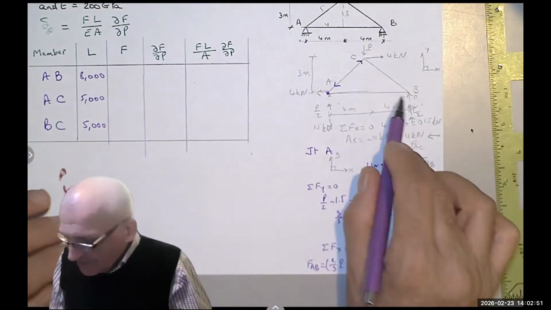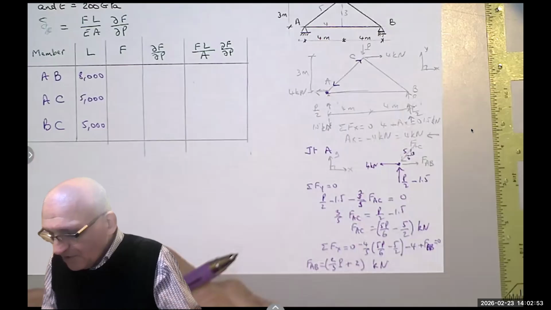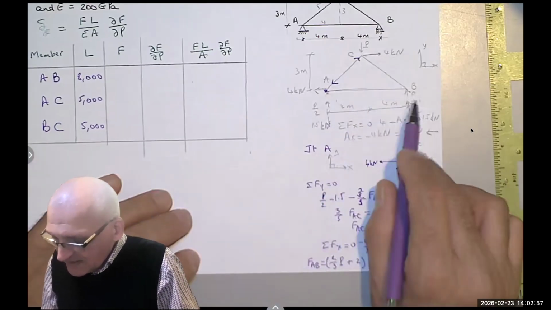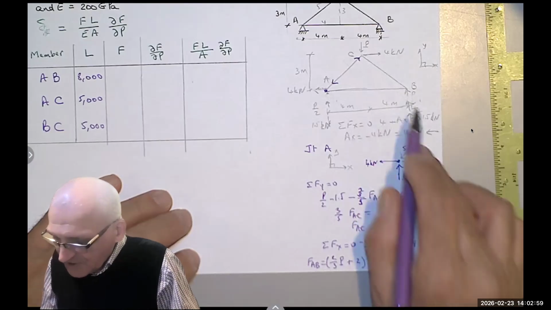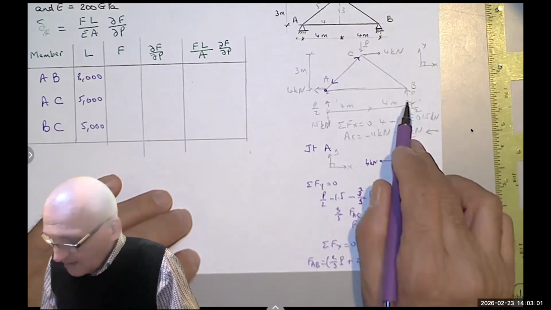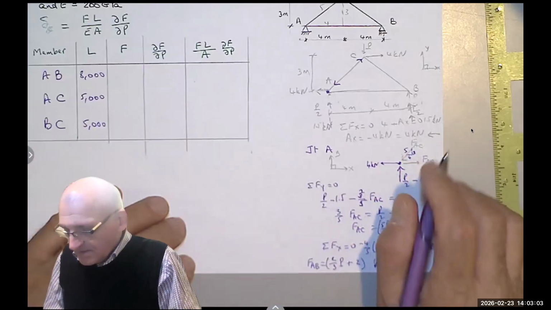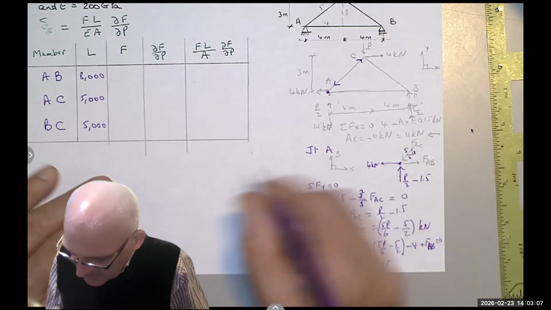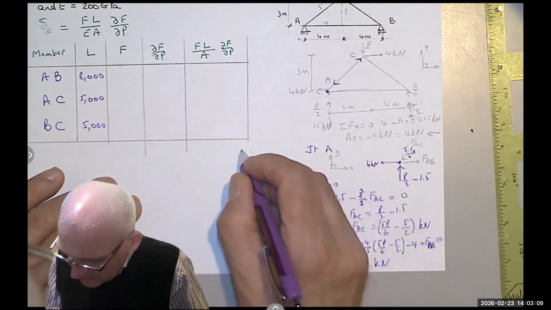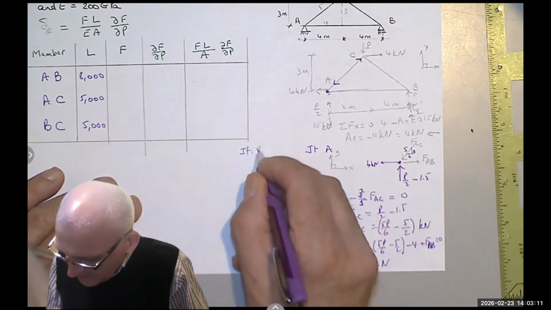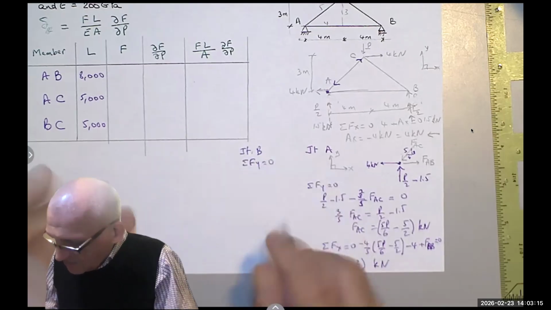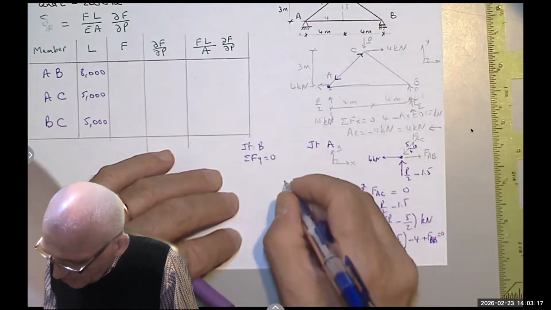Finally, since you already know these two, you only need one equation, either summation of the forces in the x equals 0 here, or summation of the forces in the y equals 0. So if I take joint B, summation of the forces in the y equals 0. Here is the joint.